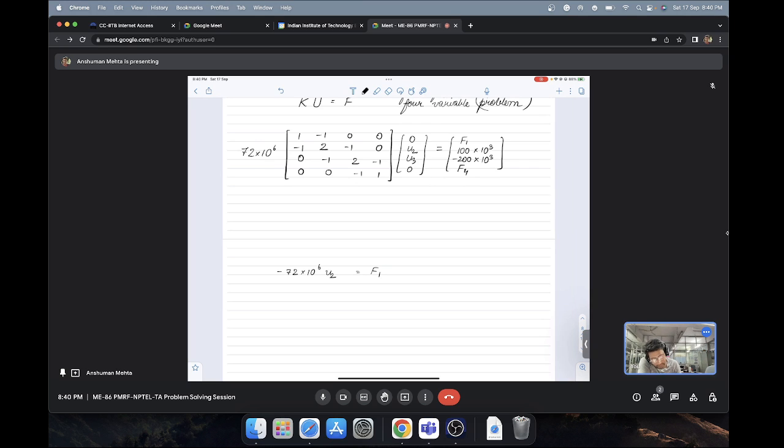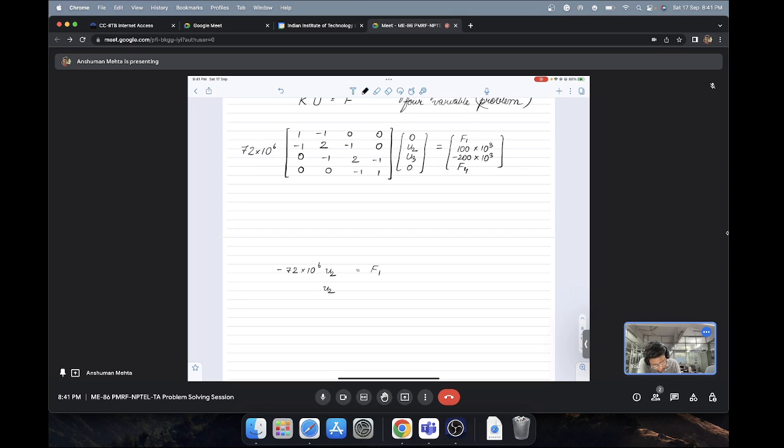Next equation is this into 0, then 2 u2, 2 means 2 into 72 into 10 raised to power 6 u2 minus 72 into 10 raised to power 6 u3 is equal to 100 into 10 raised to power 3.